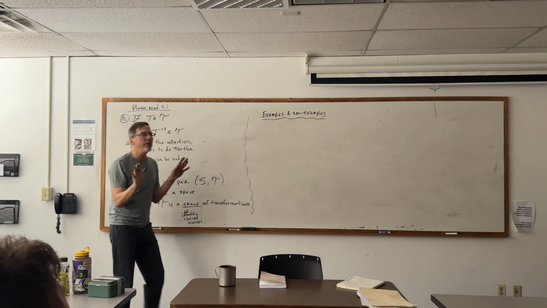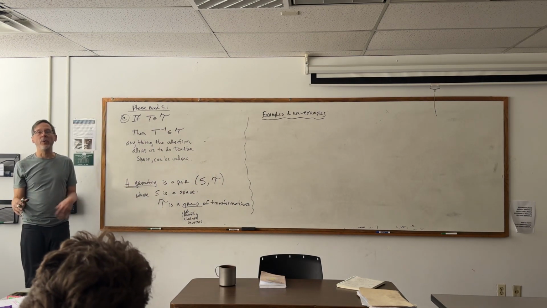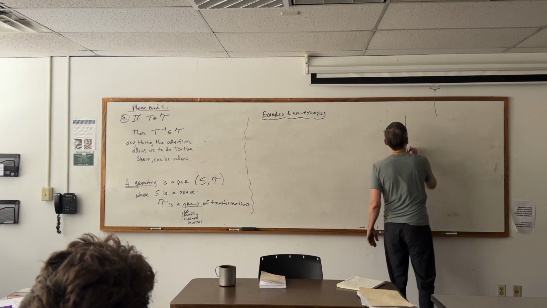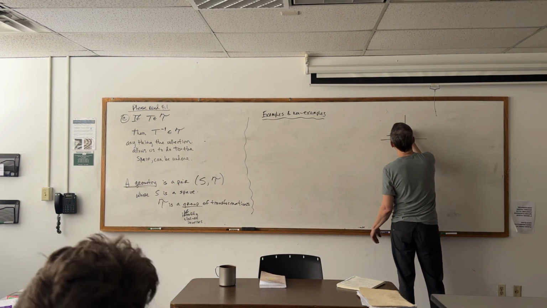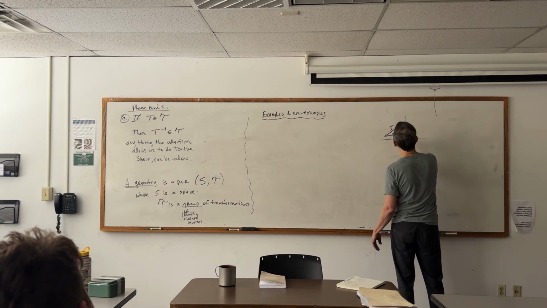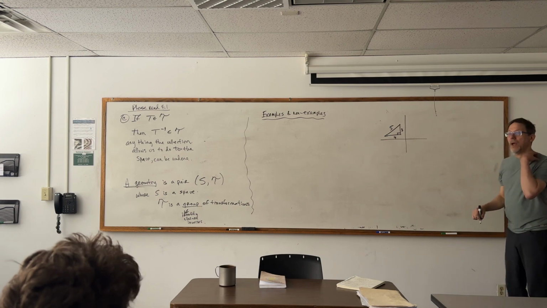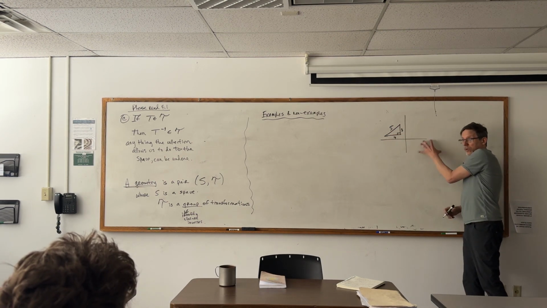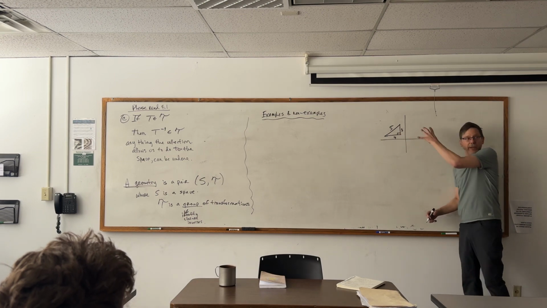Let's start off really chill. Chillest thing in the world is to take a shape in the plane. So I want to describe the geometry where I can take this triangle, good old 3, 4, 5 triangle, and just move it around. I want to be able to just translate things in the plane.